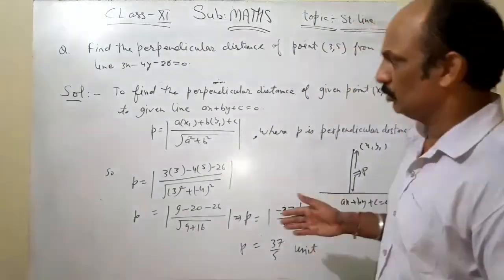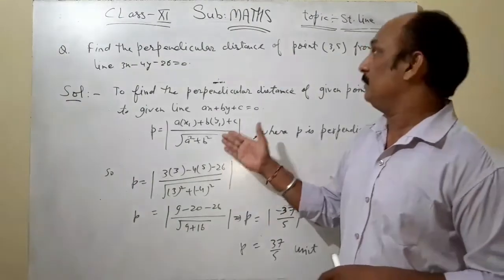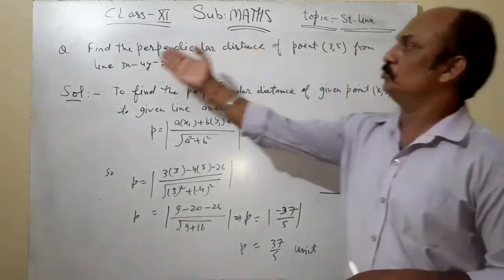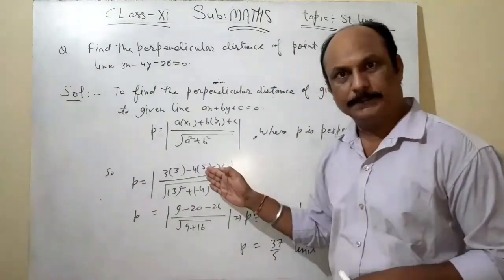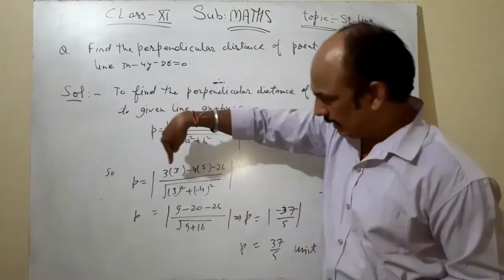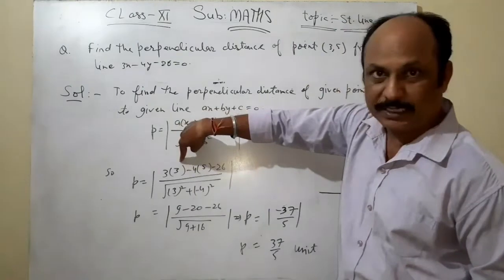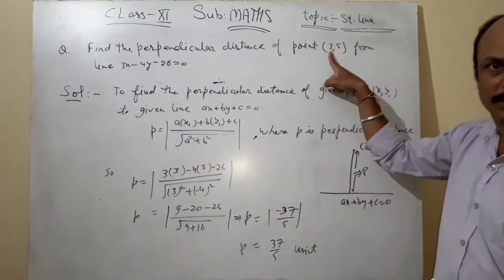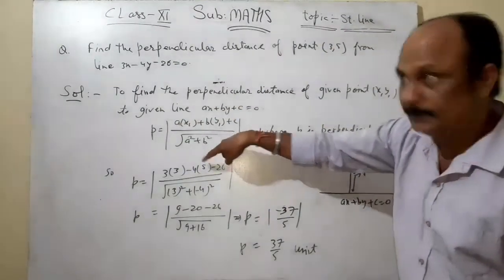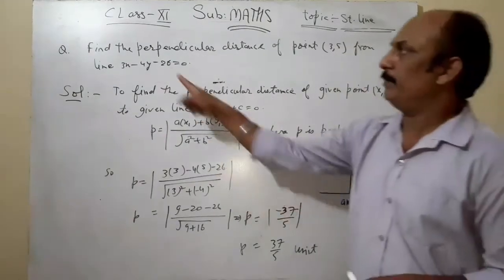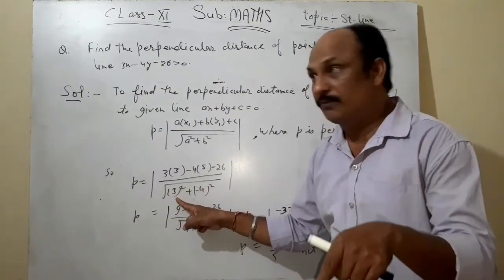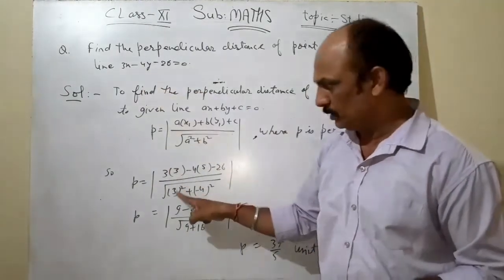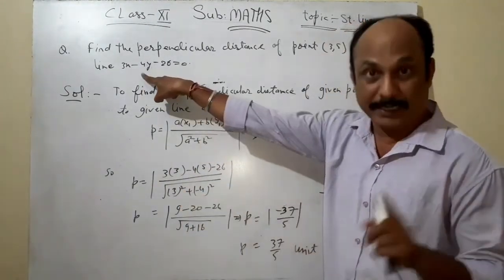Okay बेटा, so सिंपल सा हमने ये पॉइंट गिवन है, ये लाइन गिवन है, सेम पैटर्न पे हमने वैल्यूज पुट की ओनली. So 3 as it is, in place of x I put 3 and in place of y I put 5 and minus 26 as it is, and in square root coefficient of x 3 here and coefficient of y minus 4.